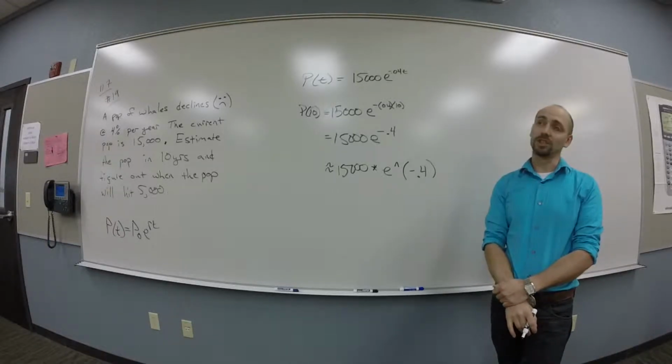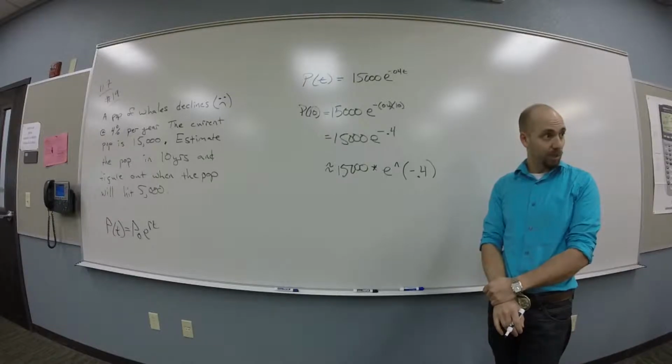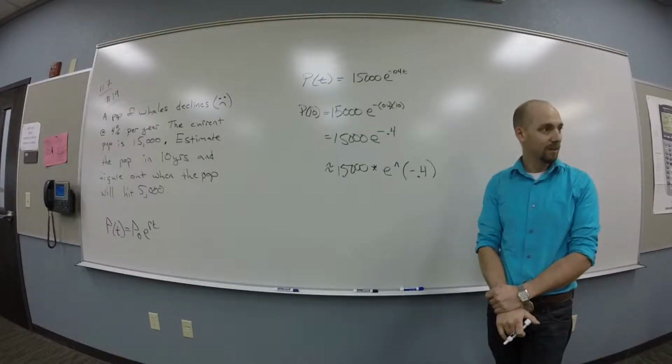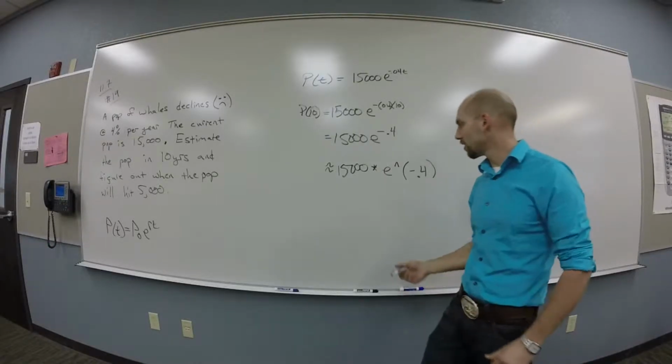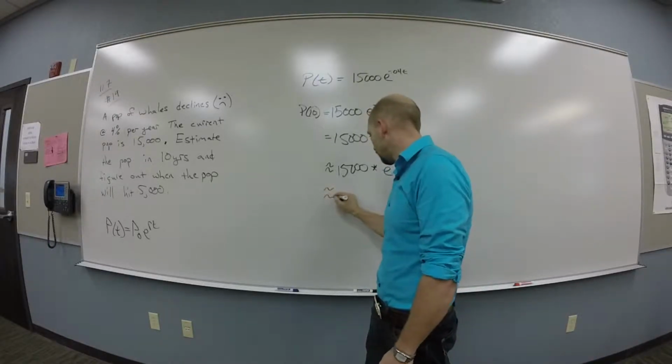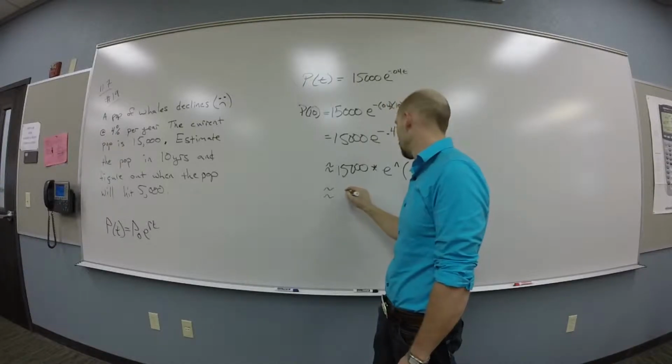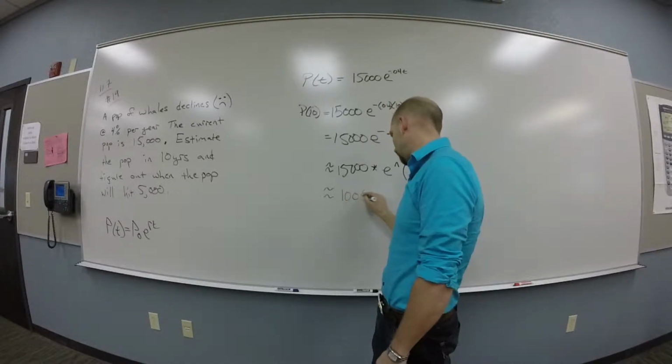If you put a number adjacent to an e, it will multiply. Cool. So out of this, we get about 10,000.